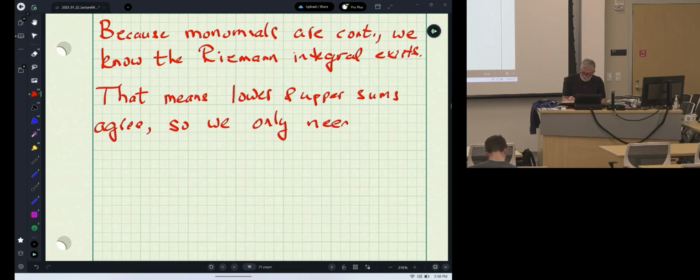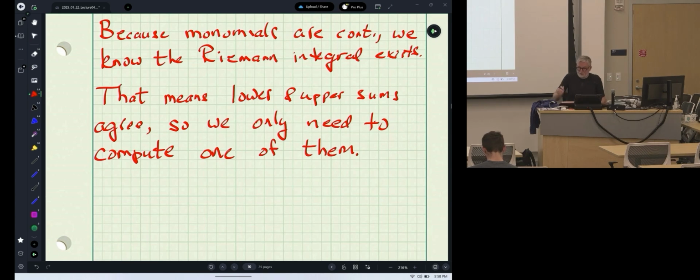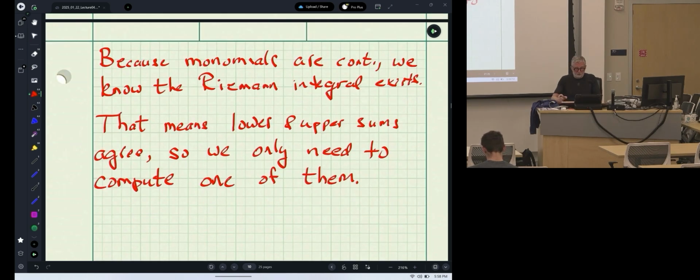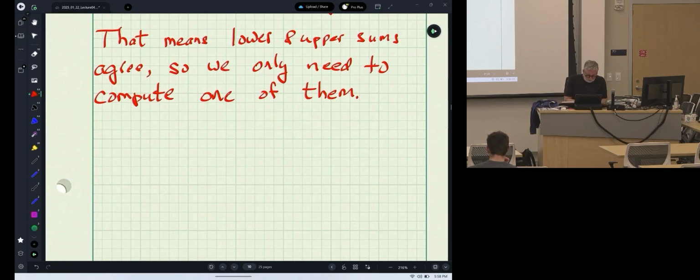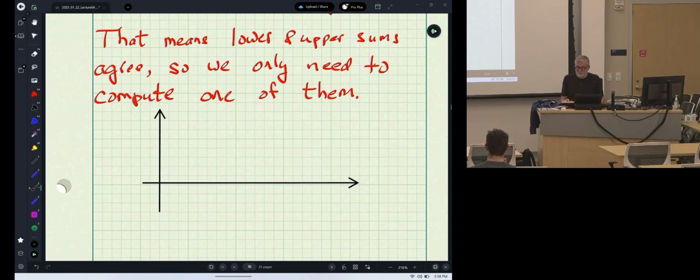That's the power of a theorem: it tells us both of those things exist, and we can choose which one we think is the easiest to actually compute. The indexing is just a tiny bit easier for the upper sum, but doesn't change much.